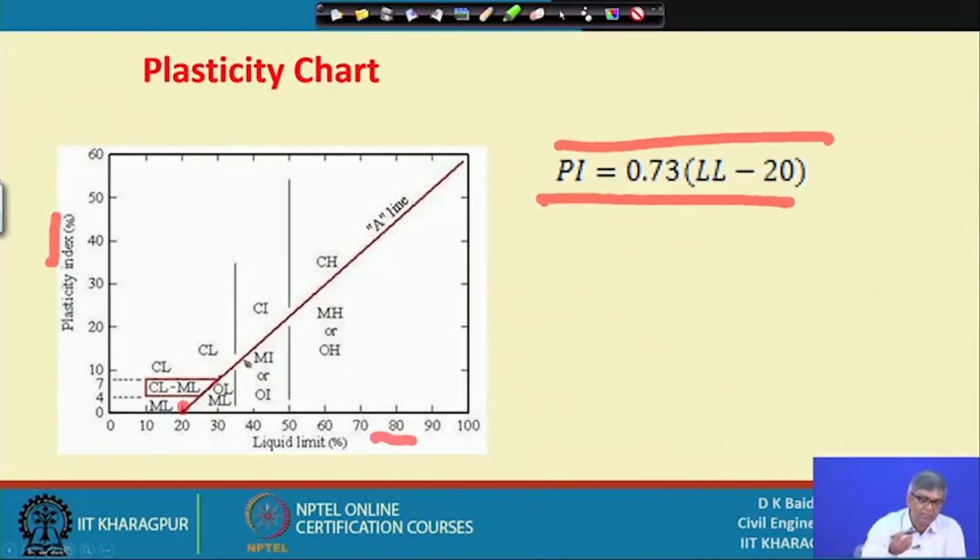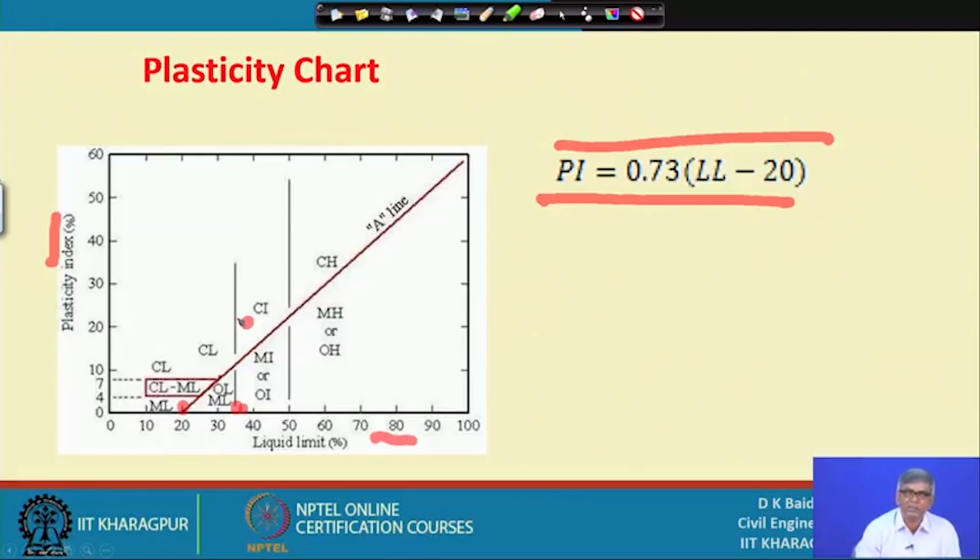Suppose for a particular soil you have calculated the liquid limit as 35 and the plastic limit as 20, then the plasticity index becomes 15. So, the liquid limit 35 is somewhere here and the plasticity index 15 is somewhere here, meaning the soil point comes somewhere here.